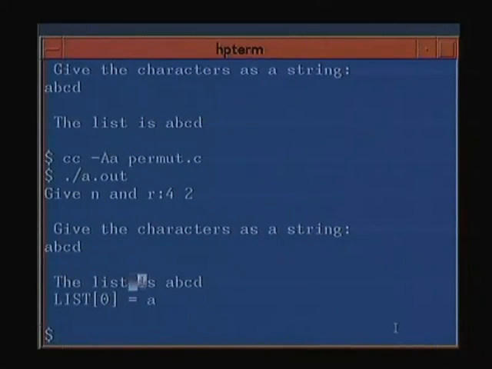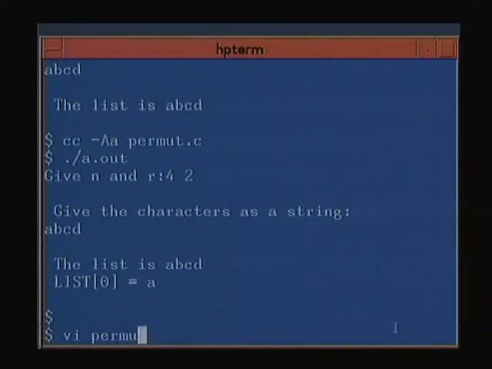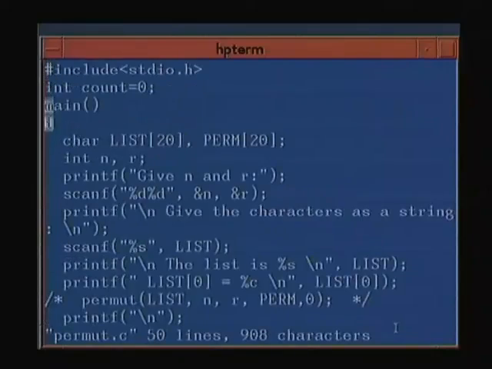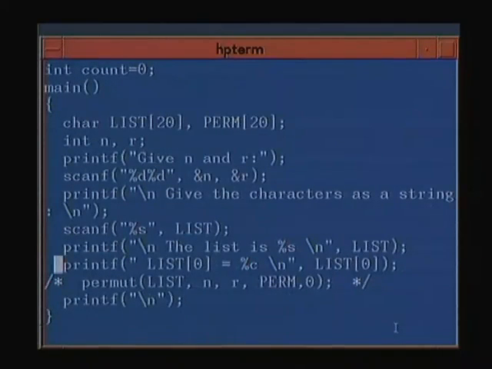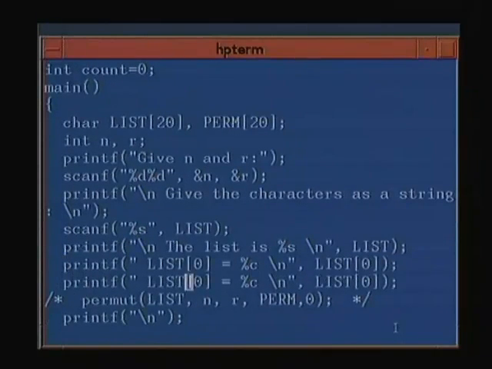So we got list is a, b, c, d, and list 0 is a, and if you want to see how the list is ended, then suppose we give 4, and if we want to print out list 4, we will see that there will be a \0 marking the end of the list. Zero, 1, 2, 3 will be A, B, C, D, and list 4 will be the end of the list.